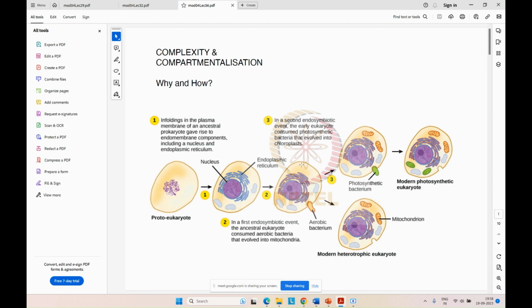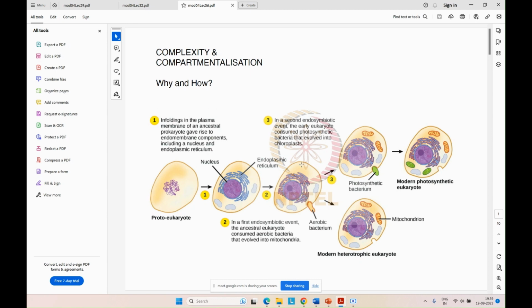The theory goes like this: there was a proto-eukaryote, and it engulfed the mitochondria. The mitochondria was initially a prokaryote, which was aerobic in nature, and it was engulfed inside a membrane compartment.